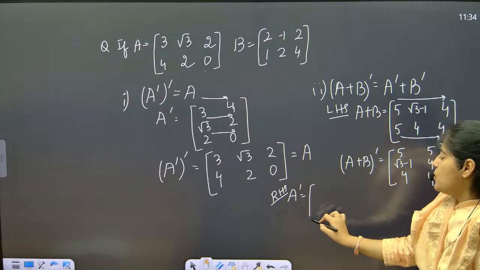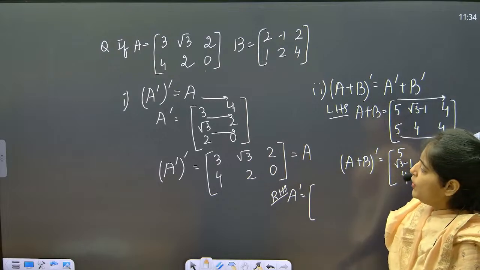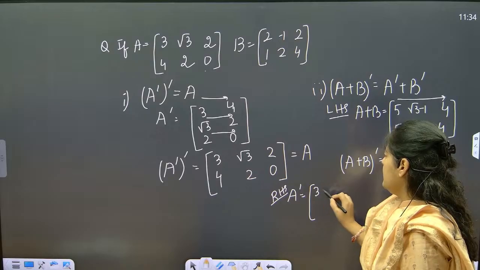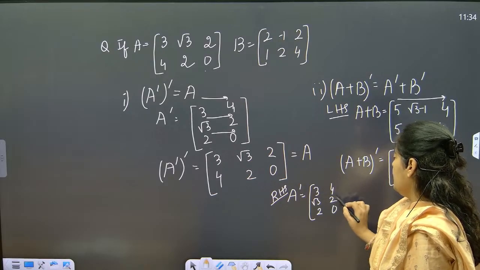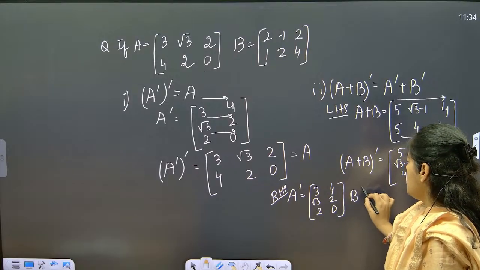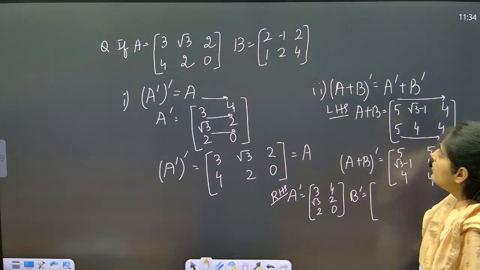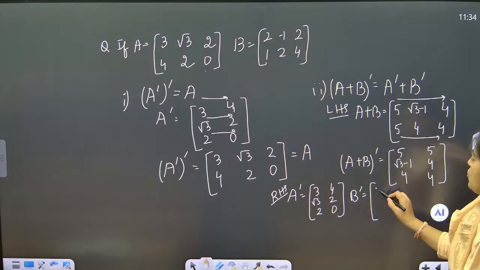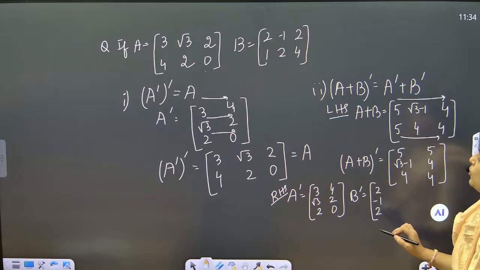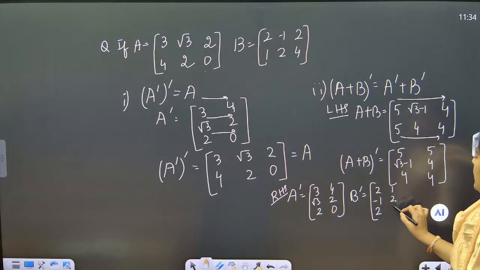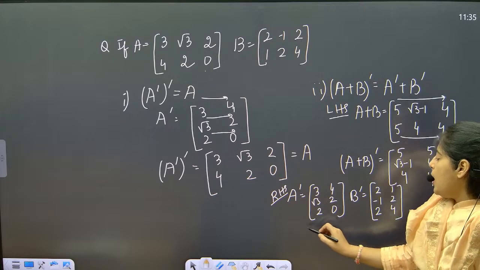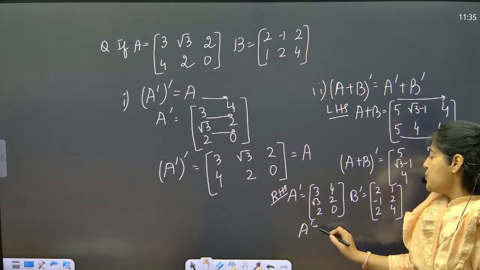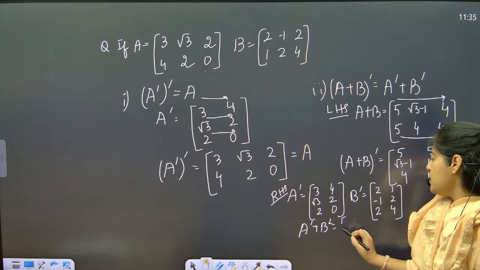A transpose, we already have: 3, 4, root 3, 2, 2, 0. B transpose, we have: 2, minus 1, 2, 1, 2 and 4. Now add them, A transpose plus B transpose.